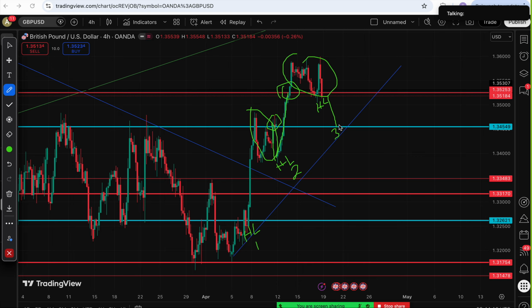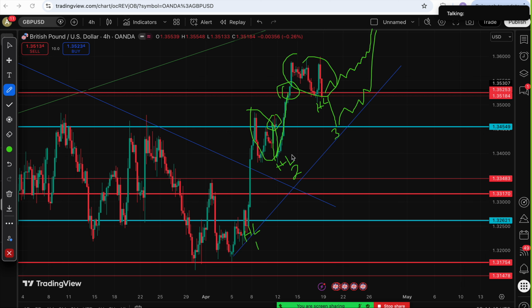If this market comes back here, we can expect something like this, and maybe on Monday we can have a consolidation with smaller candles, and then we go on the upside.